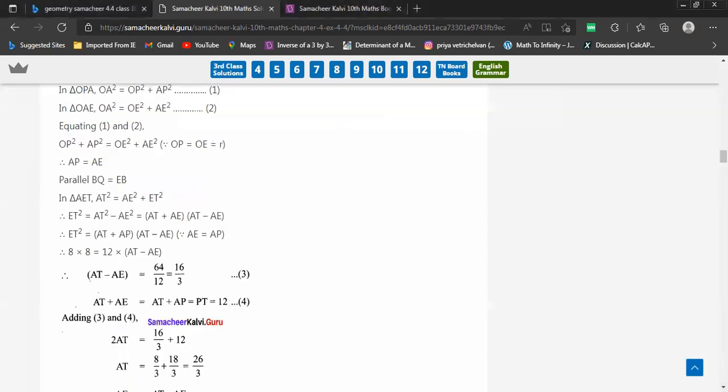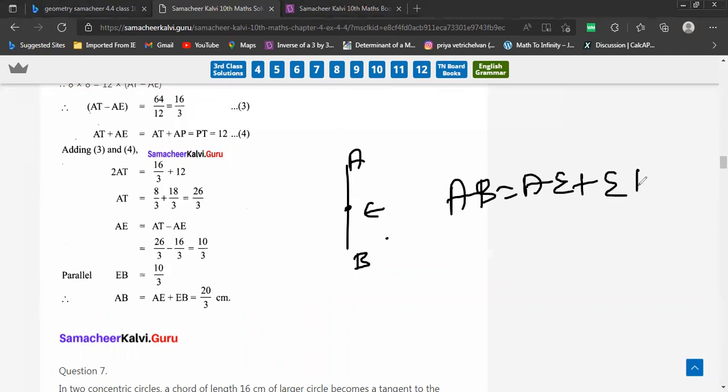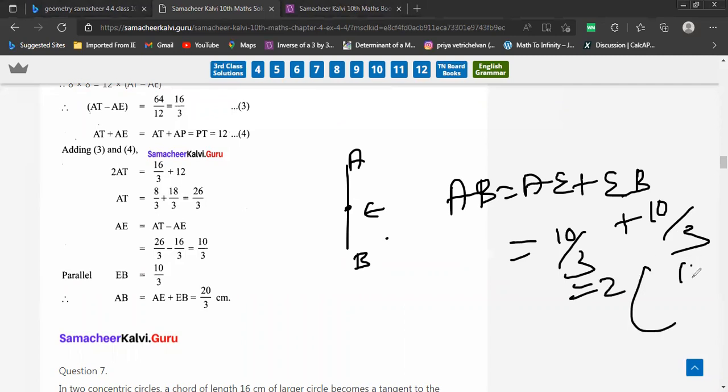So for finding the value of AB, you just have to add AE plus EB. A, E, B here. So for finding AB, you can write AE plus EB. So 10 by 3 plus 10 by 3, which is 2 times 10 by 3, 20 by 3. Can you follow this? Yeah.